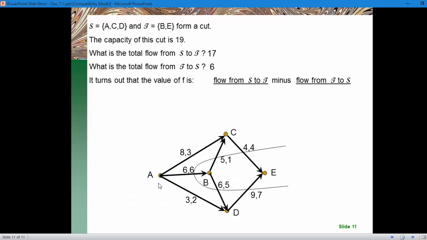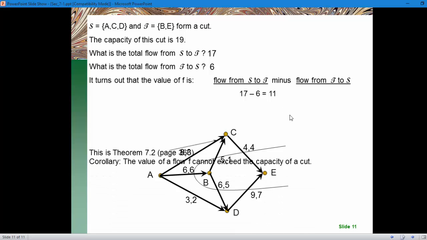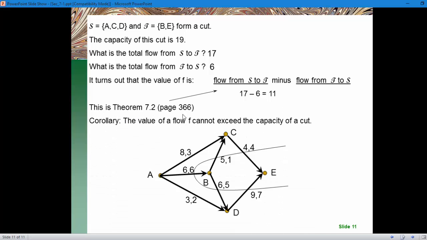Now there is a theorem that says that the total flow from S to T minus the total flow from T to S is the value of the flow. And that's theorem 7.2. So let's take a look at this again. The total flow from S to T, that's 17. The total flow from T to S, that's 6. 17 minus 6 is 11, and that's exactly the value of the flow.